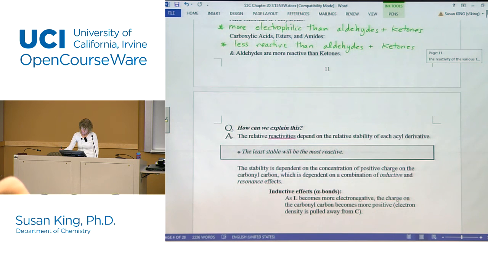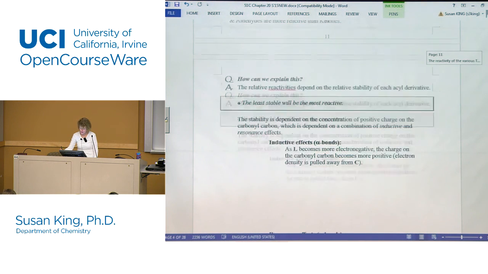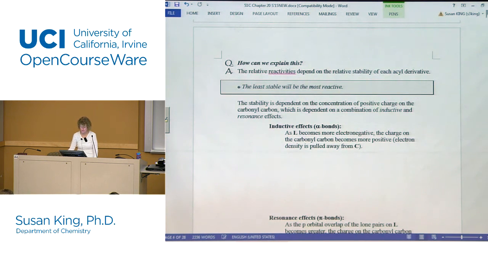All right. Relative reactivities depend on the relative stability of each acyl derivative. The stability is dependent on two factors, the inductive effects and resonance effects. Okay, so we're going to talk about both of those. It's a combination of the two. So let's talk about inductive effects right now.